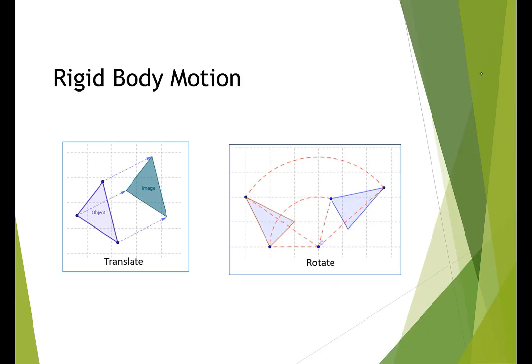Before we begin, we need to define some terms for rigid body motion that we're going to use a lot in modeling of the robot. What is rigid body motion and how can we quantify this motion? First, let's talk about a rigid object. A rigid object is an object that cannot deform, like this triangle in these images.